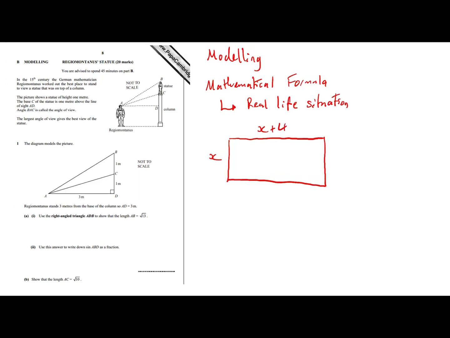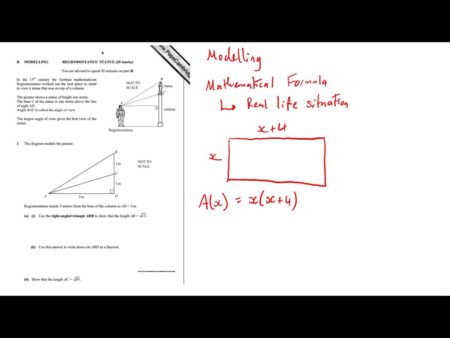Then you want to find the area. You want to model the area of this rectangle. Well, we model the area of the rectangle simply by saying that the area as a function of x is equal to x times x plus 4.